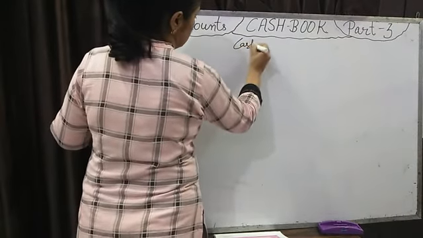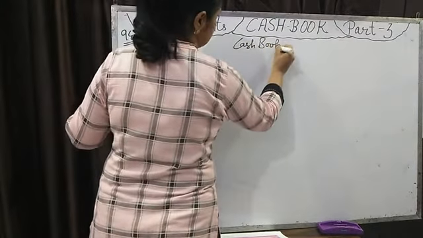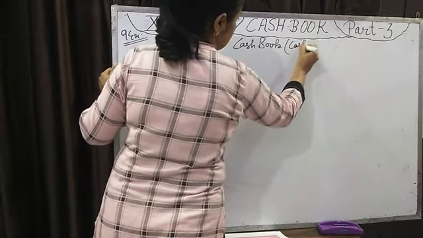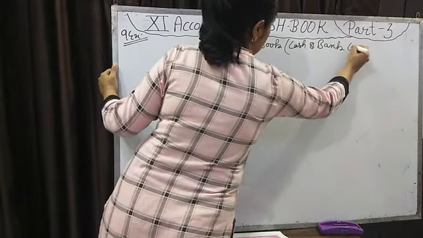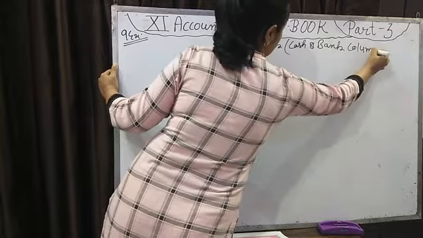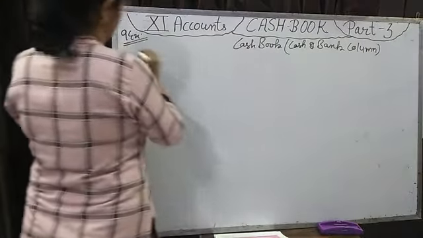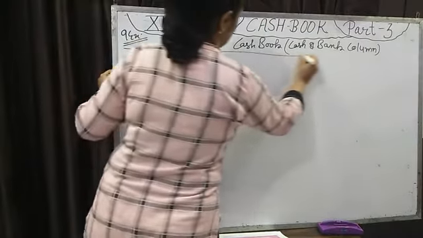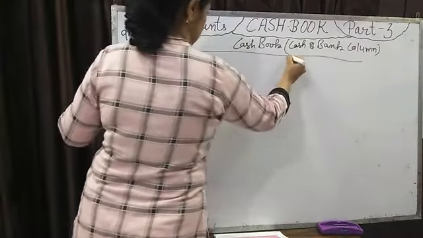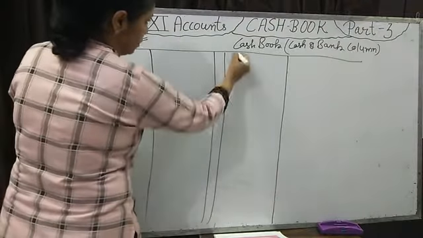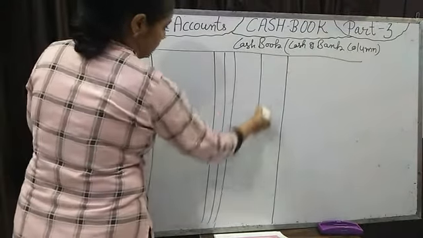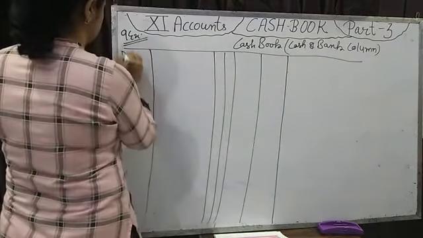First of all, you will make the pro forma cash book and write double column, that is cash and bank column. Make the T-shaped pro forma. Date, particulars, ledger folio, voucher number, cash and bank.